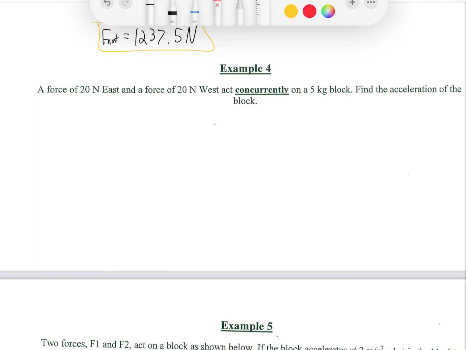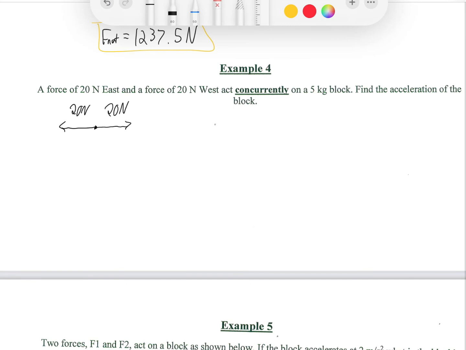What we want to do is look at the forces acting on the block and draw something called a free body diagram. We'll talk about this more when we get to it. We have these two forces, and we can look at them like vectors: 20 newtons going east and 20 newtons going west.